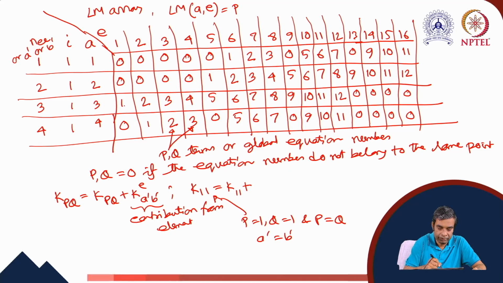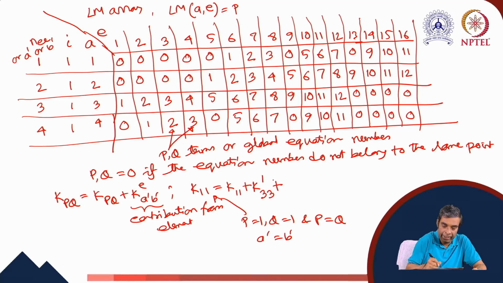We see that the index 1 is present in element 1 corresponding to the third local equation number. So the contribution will come from the first element, third local node. This will be K_A'B'^E. Here A prime and B prime are both equal for the diagonal term, and that is 3. So it is A prime 3, B prime 3 and E equals 1. The first contribution is K331.